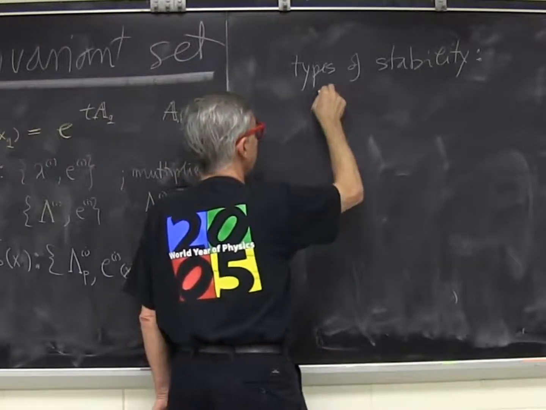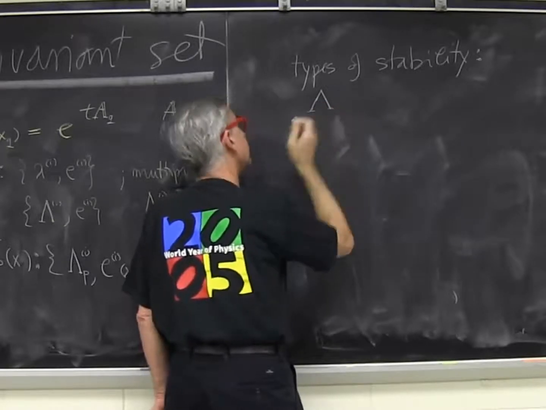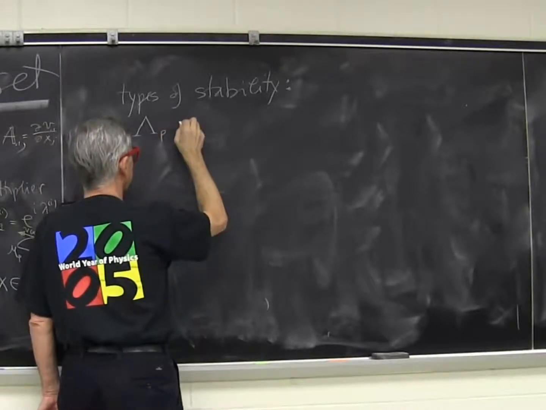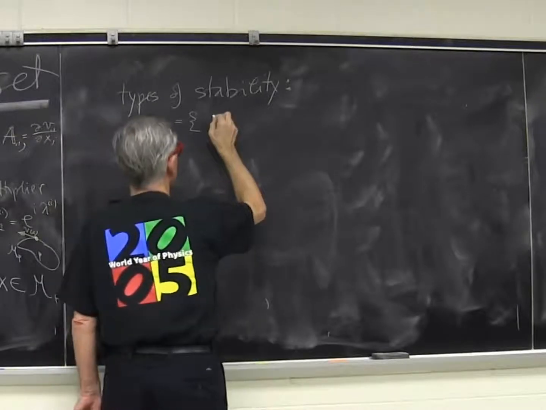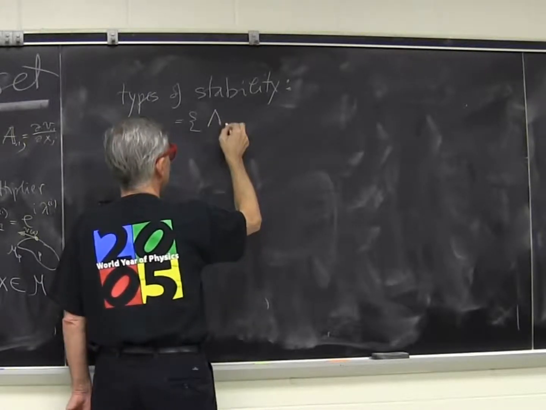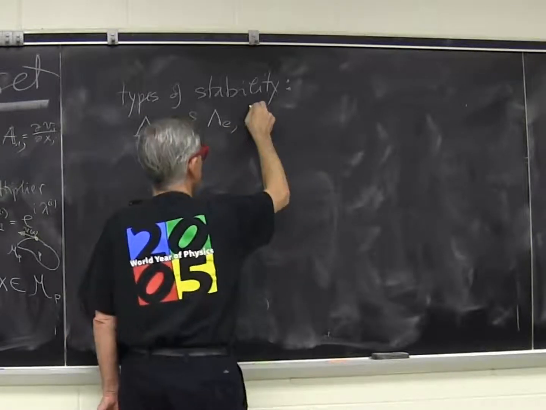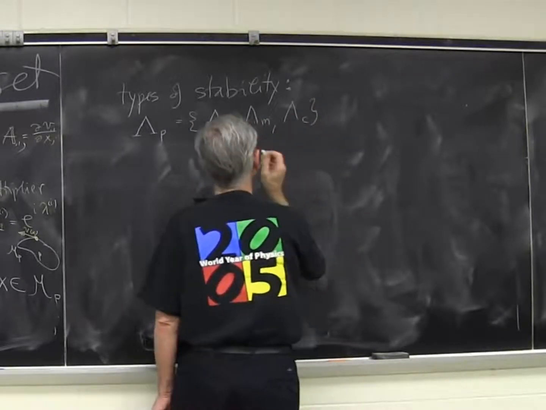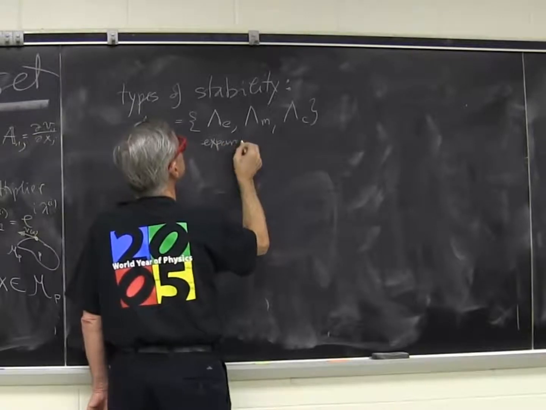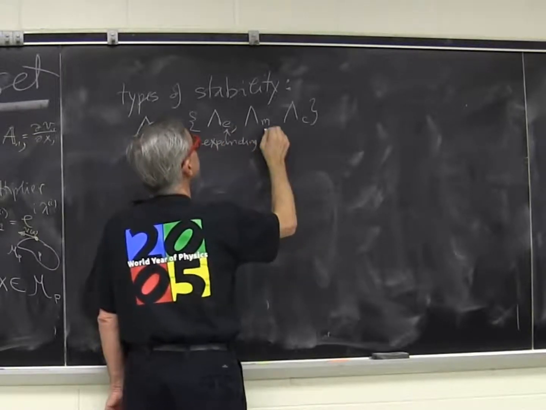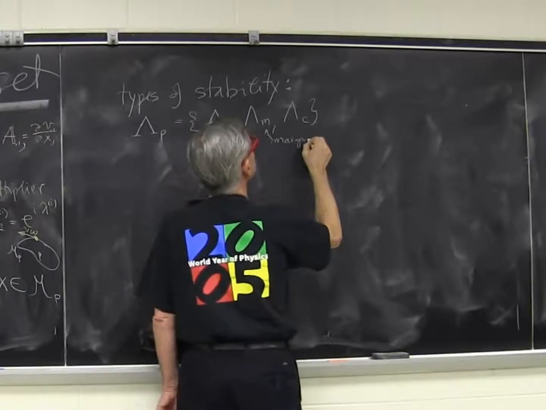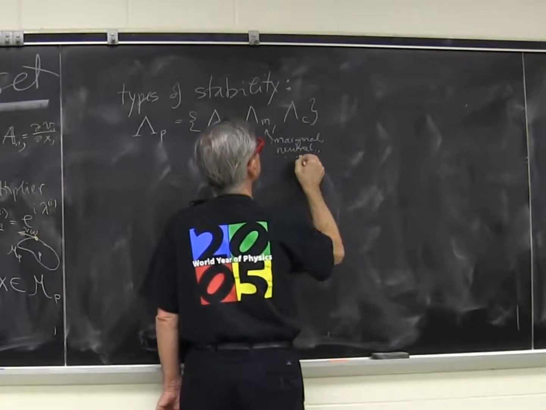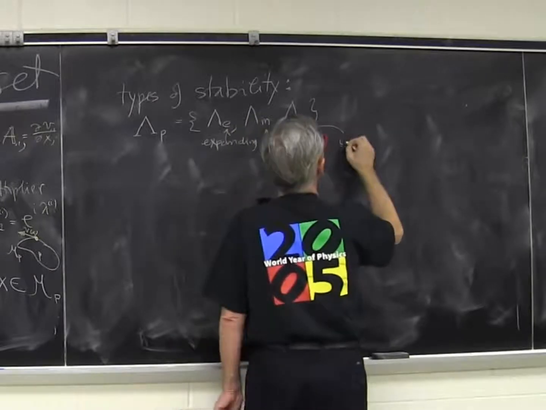You can always sort the set of multipliers, these numbers, real or complex, into three sets: expanding, marginal, and contracting.